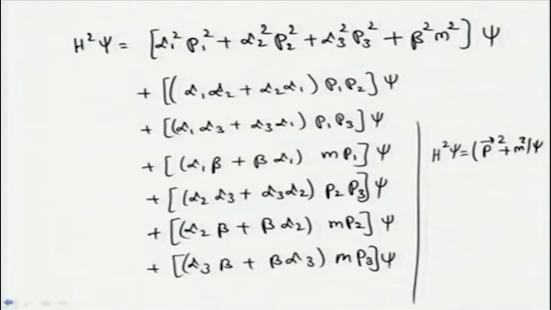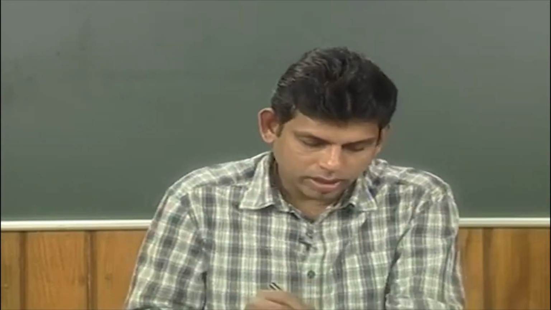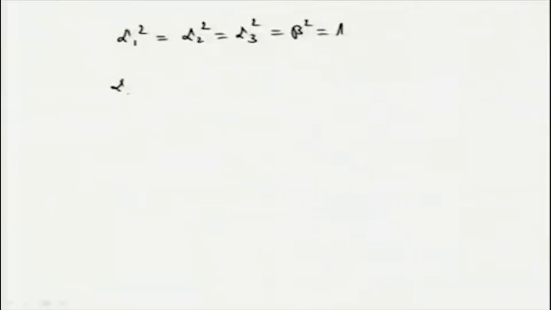So, now alpha 1 alpha 2 plus alpha 2 alpha 1 equal to 0 means they are objects which do not commute. So, these are not ordinary numbers or ordinary functions. That tells us that alpha i alpha j plus alpha j alpha i equals 0 if i is not equal to j.